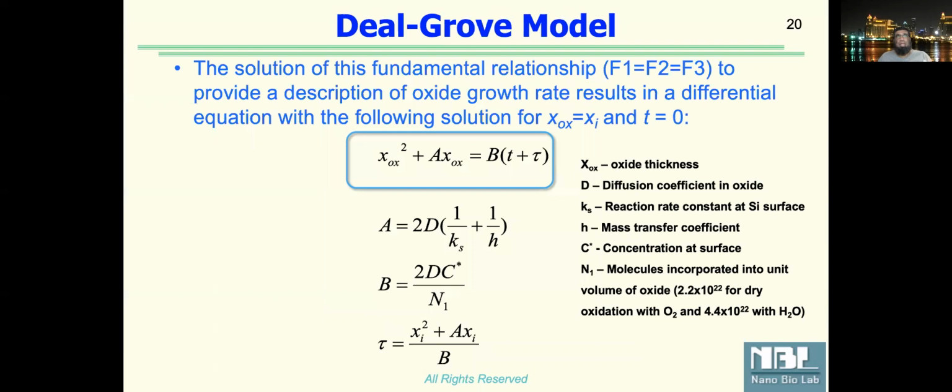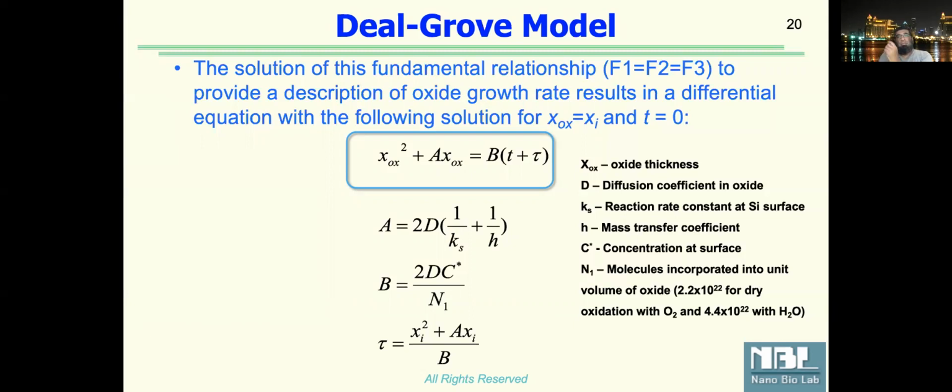Now, if you take this fundamental relationship and suppose we say all fluxes are the same, we get an oxide growth rate equation, which is a differential equation with a simple second order solution, X oxide, so thickness of oxide.